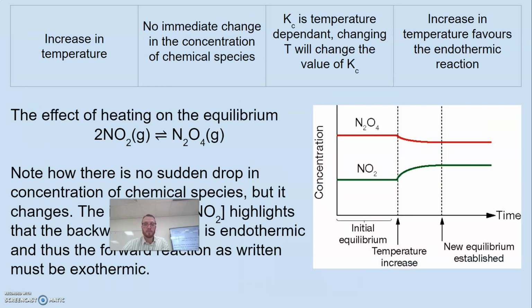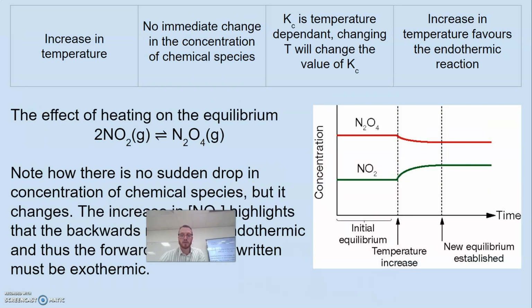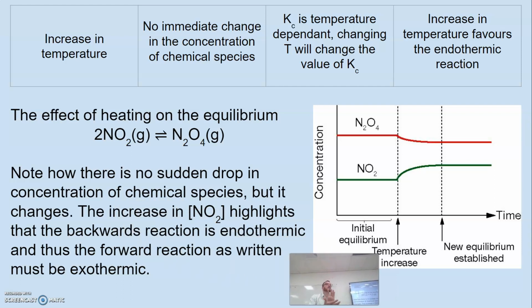Okay. Temperature changes. Remember I was talking about how Kc is temperature dependent. So if we've got a chemical species that's already at equilibrium, this is how we tell that there is a temperature change. Notice how there's no instantaneous change in the concentrations. Yeah?